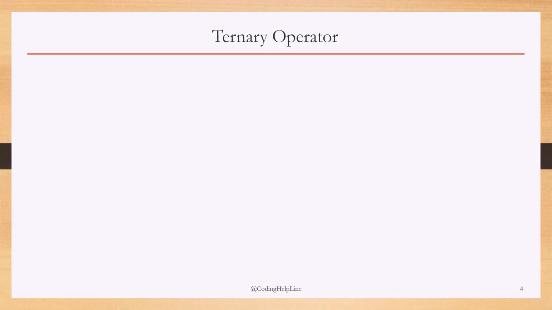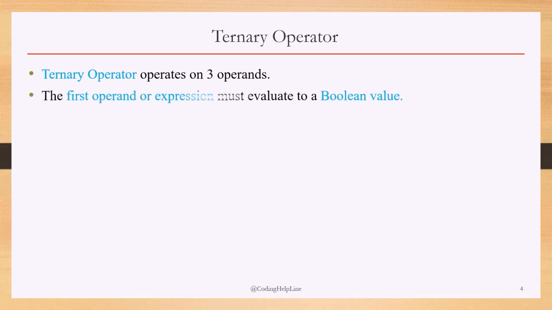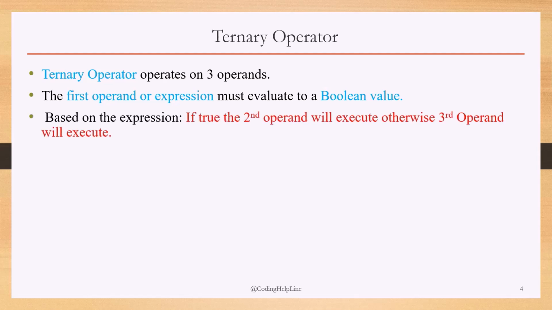Ternary operator. The ternary operator operates on three operands. The first operand or expression must evaluate to a Boolean value, and it is a logical expression that helps us decide which of the second and third operand will execute. If the first operand is true, the second operand will execute.